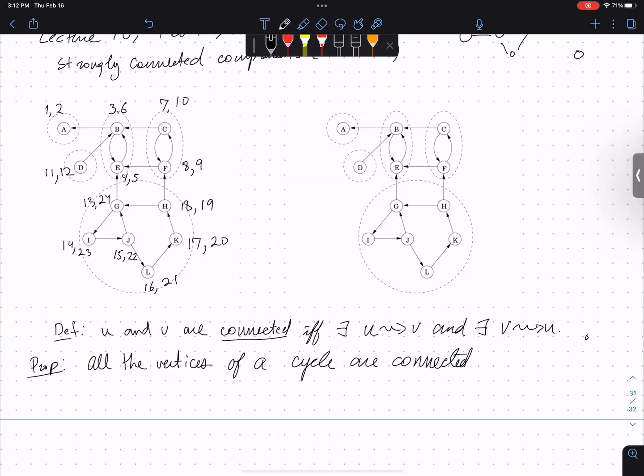So for example, if you have the cycle, well, if you pick any two vertices, like X and Y, there's a path from X to Y, and there's a path from Y to X, just going around the cycle. And so it's just right away an obvious thing to observe. So that's why you can see there's a cycle here, and all those vertices are connected.